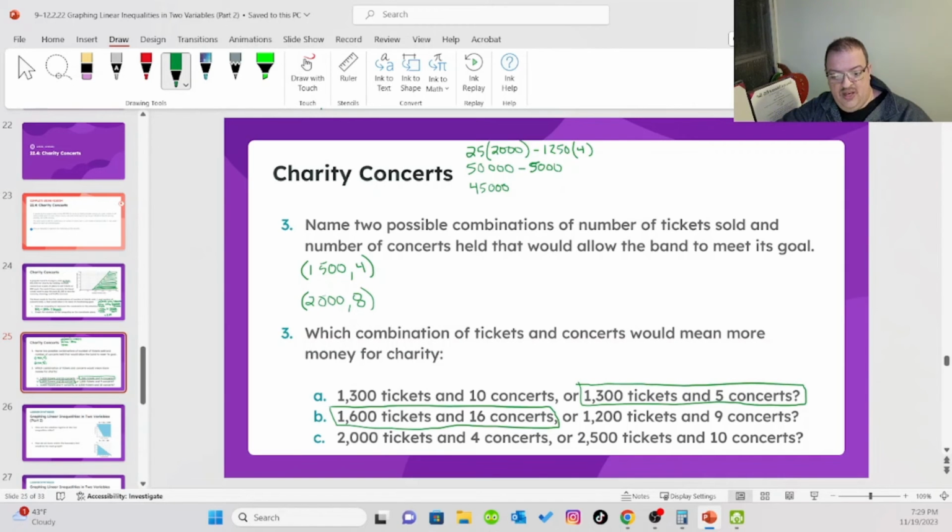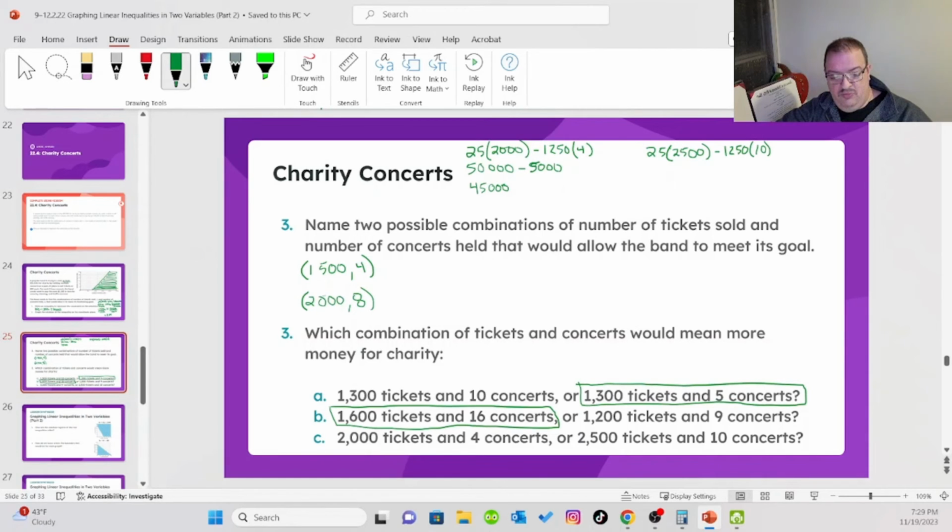Now we can try the other combination. That's 2,500 tickets minus the cost of 10 concerts.